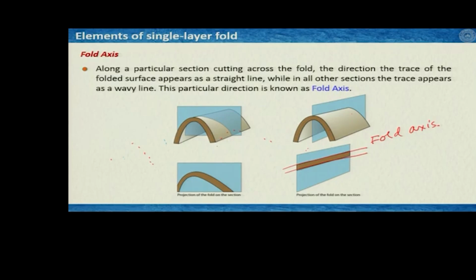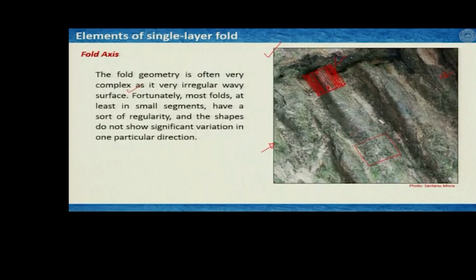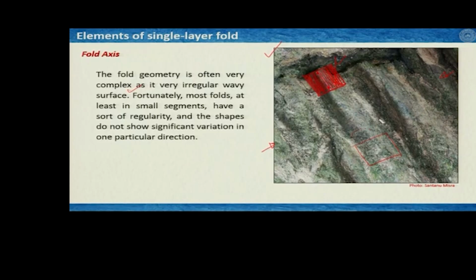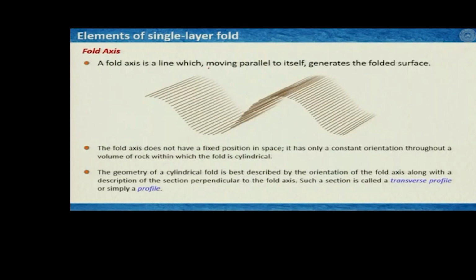Now, if we go back to the photograph that we have seen, this one. Now you see that these are straight lines, right. These straight lines can move parallel to themselves and form the fold surface. How does it work? The illustration is here.